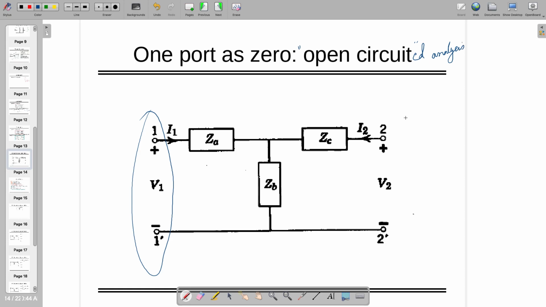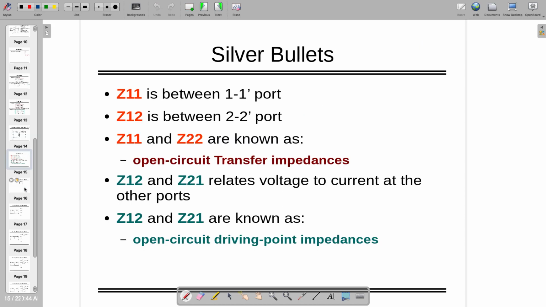When we say I2 is equal to 0, this port is acting as an open circuit and there is no current flowing inside. That is how the name open circuit came into the picture. Such a circuit is known as an open circuited circuit, and this analysis is known as open circuited analysis.